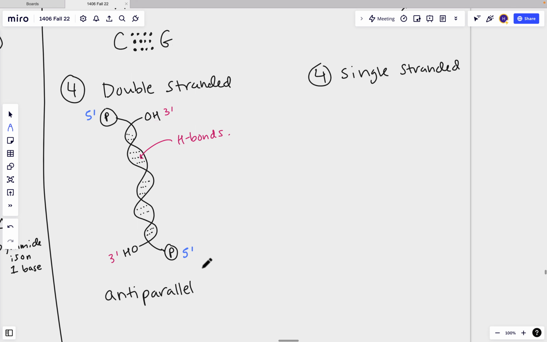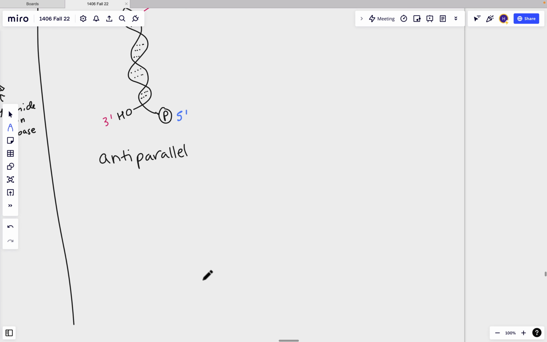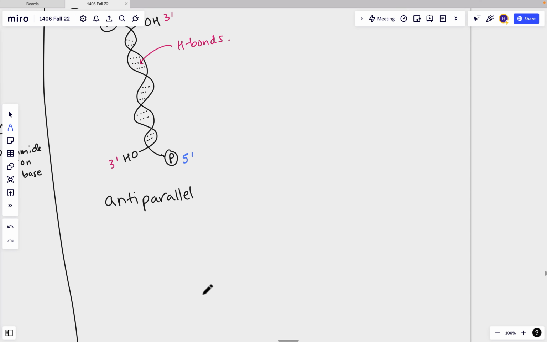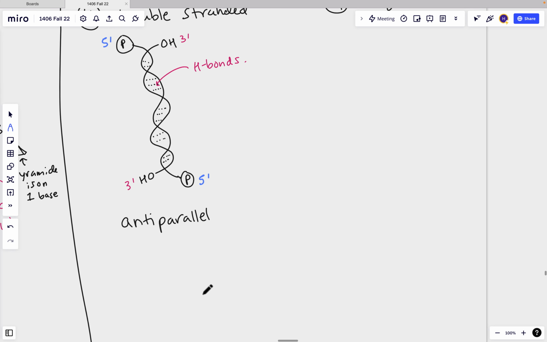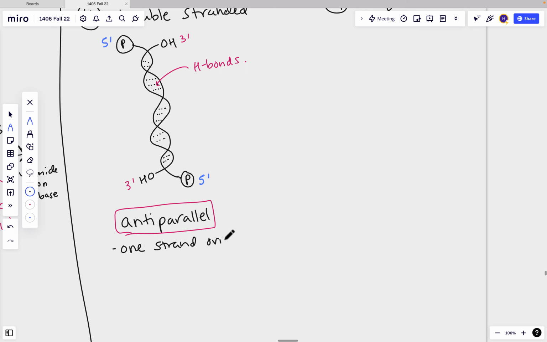That's just how the DNA fits together. One strand is oriented 5' to 3'. And the other, looking from the same end, is 3' to 5'.